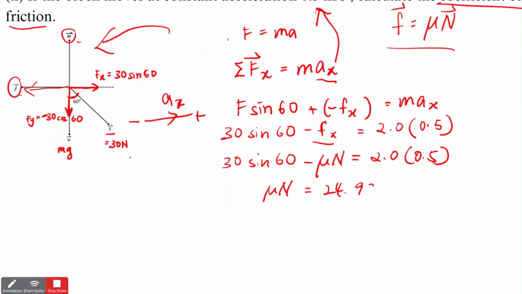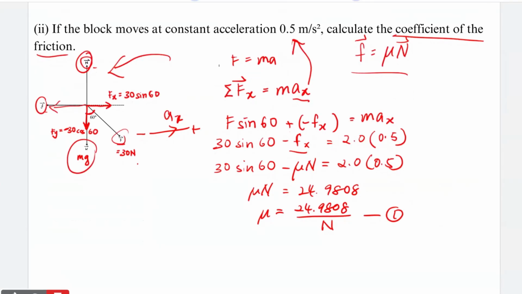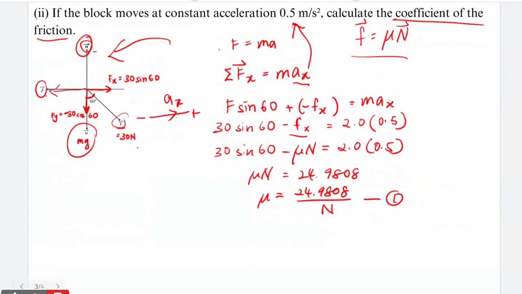So mu equals 24.9808 divided by N, and this is the first equation we get from the x component. Now we are going to get the second equation from the y component. In the y component, we have the normal force and the Fy that we resolved just now.